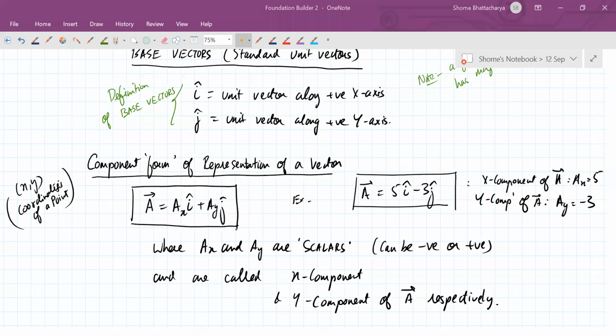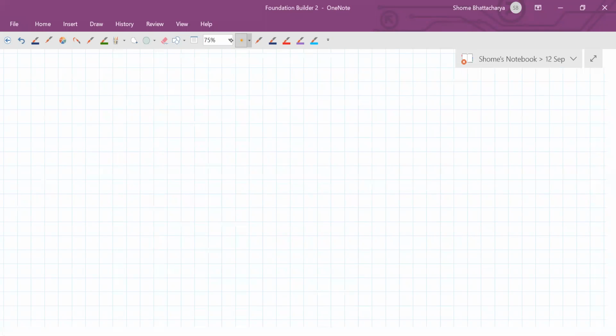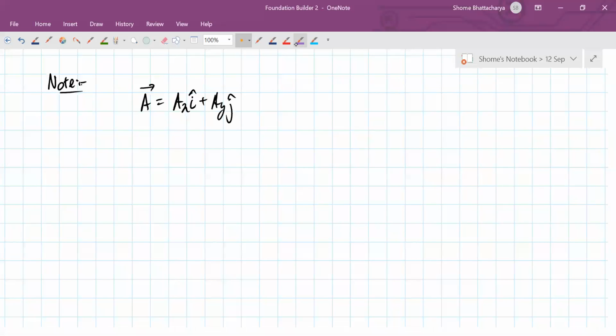Okay, next let's understand what these components mean. In this, what is happening is the quantity Ax into I cap.